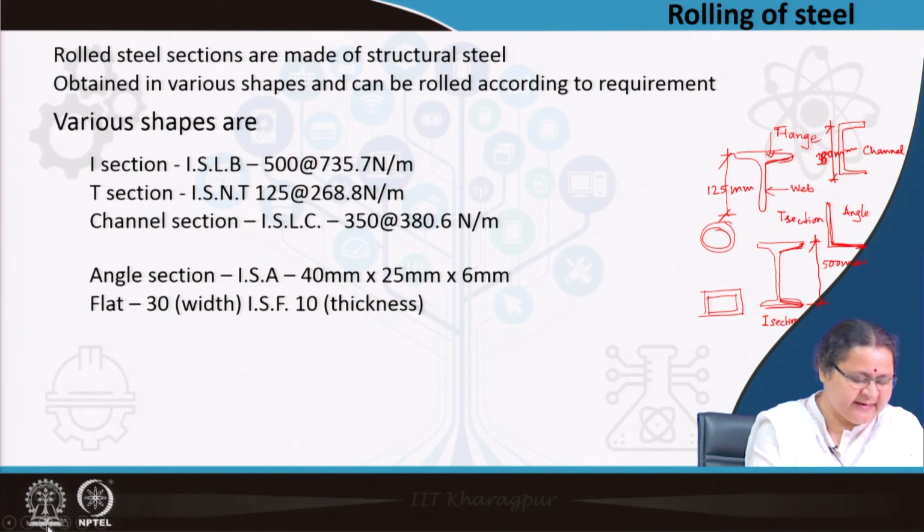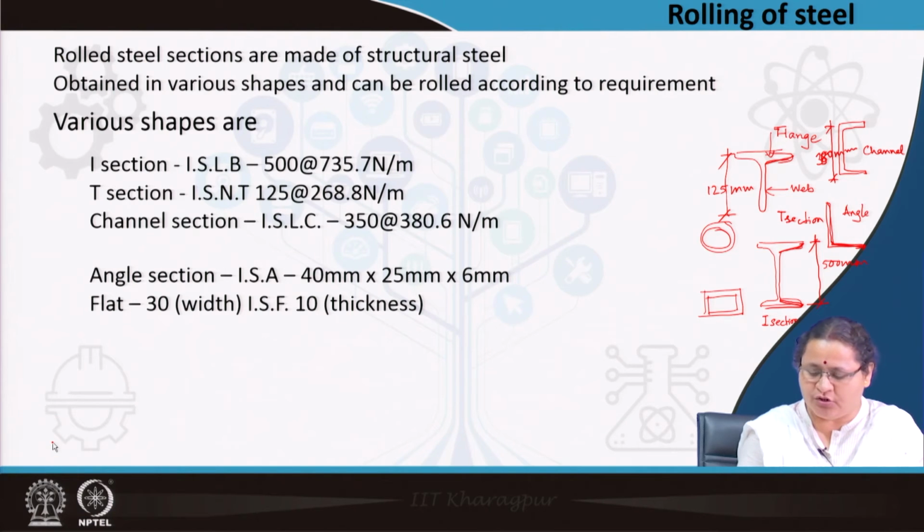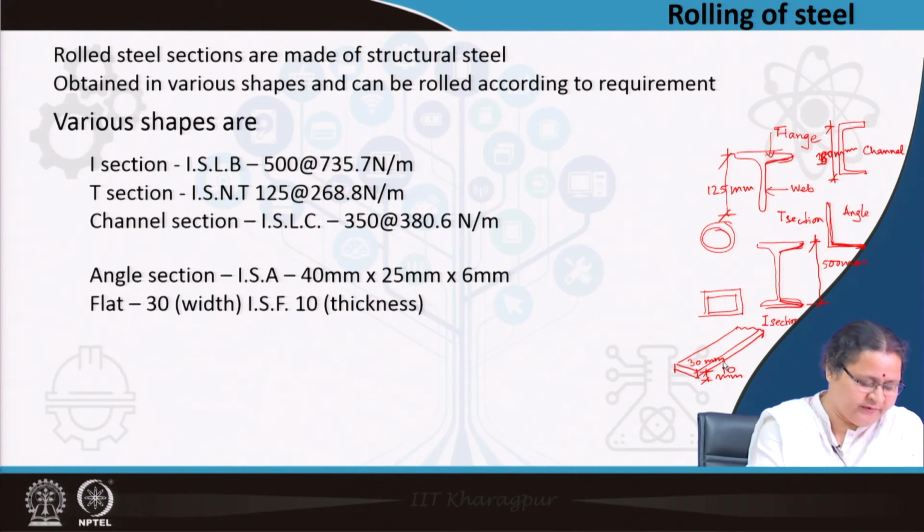Coming to MS flats, on top of railings you can see a flat bar like this. This is 30 millimeter wide and 10 millimeter thick, and having a length whatever you desire.